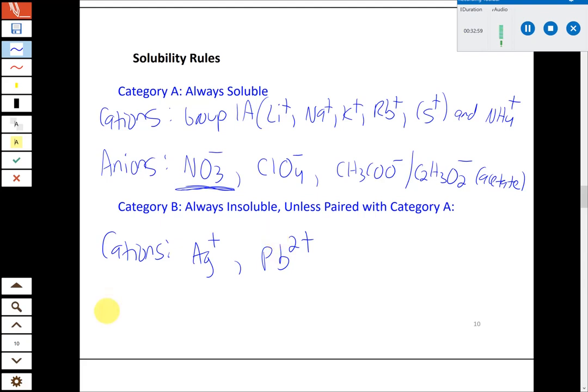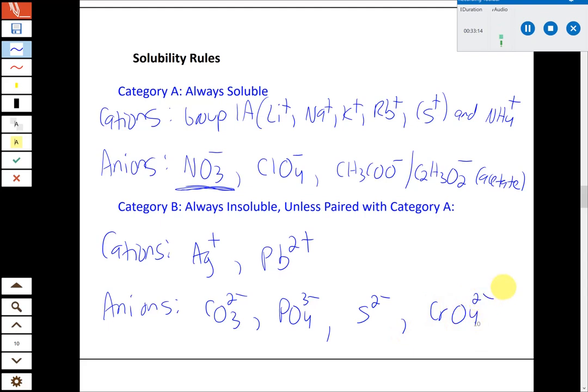And then we have a group of anions that fall in this category as well: carbonate, CO3 2-, phosphate, PO4 3-, sulfide, S2-, and chromate, CrO4 2-. These will always be insoluble unless they're with one of these cations up here, okay?